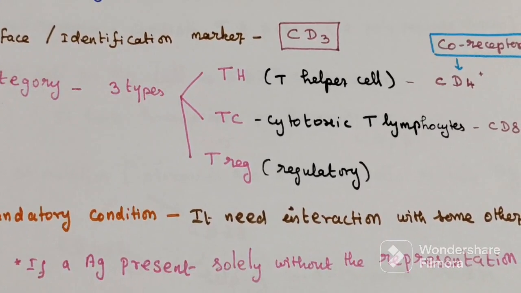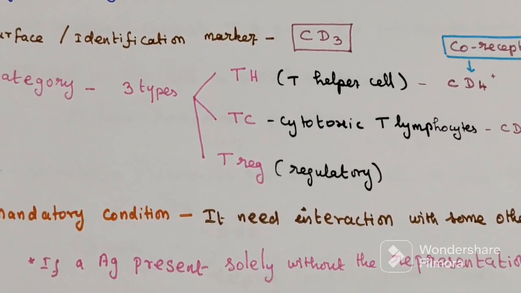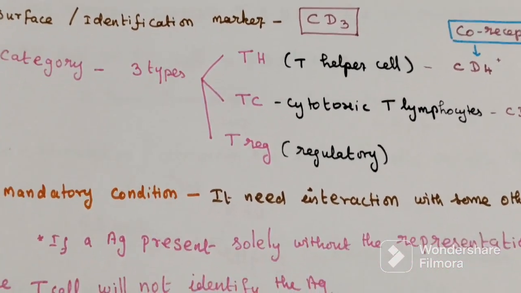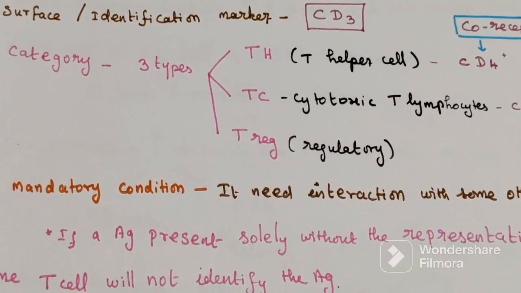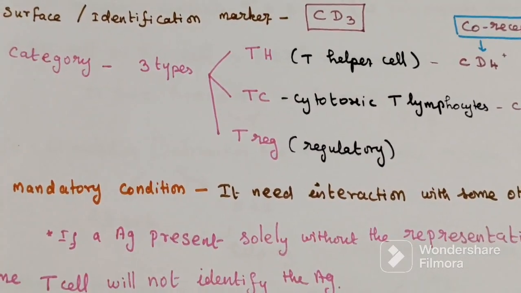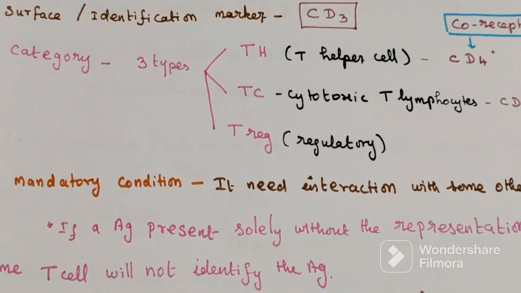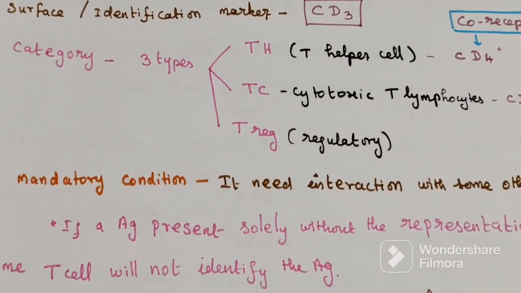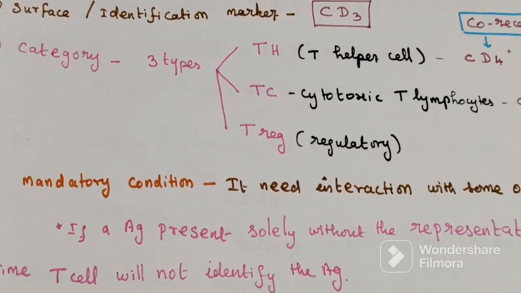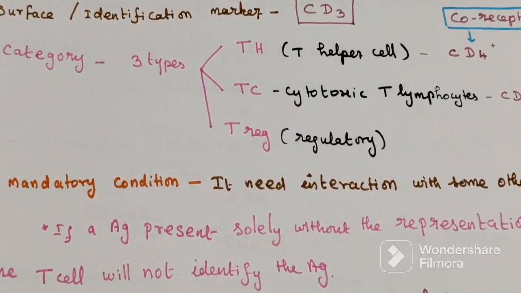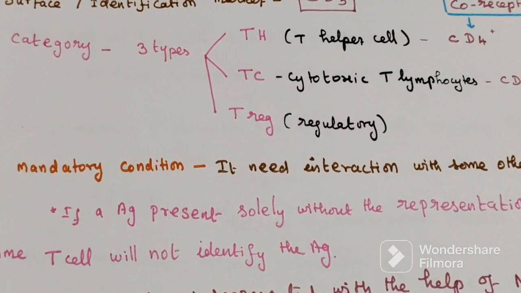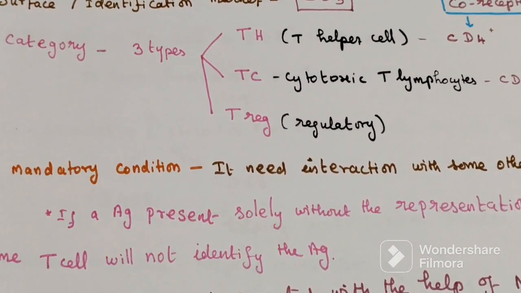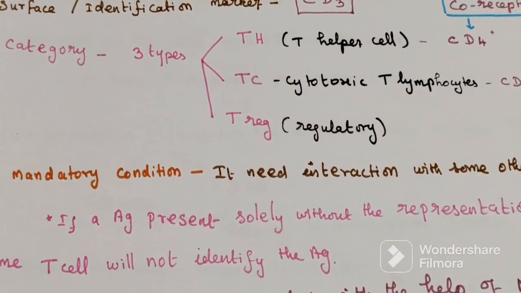If an antigen is present solely, without presentation, the T cell will not identify the antigen. But if the antigen is presented with the help of MHC molecules, then the T cells are able to identify that antigen.